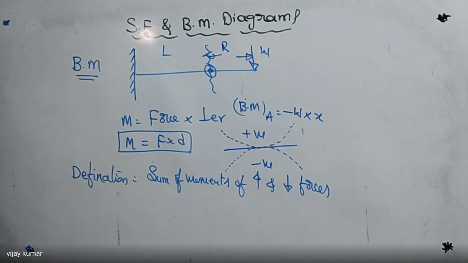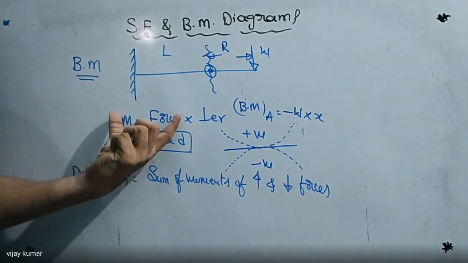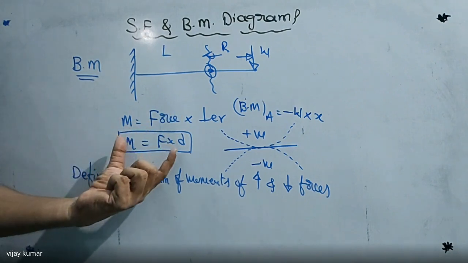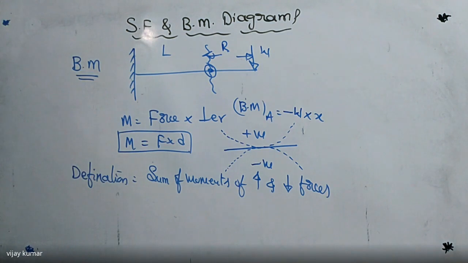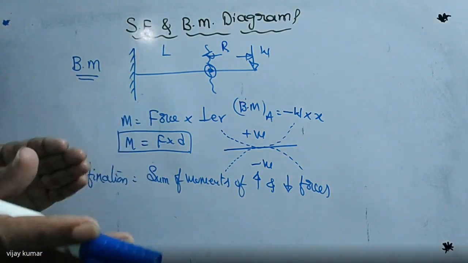Here this is the definition of moment, that is also bending moment. This is the sign convention of bending moment: when we take the moment as positive, and when we take it as negative. So the procedure is the same between shear force and bending moment.